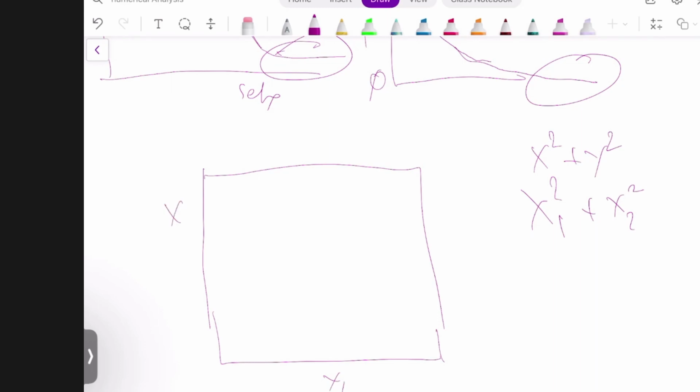So this is x1, x2, or omega 1, omega 2, or x and y. Be careful that your function is not a y anymore. It's an f.